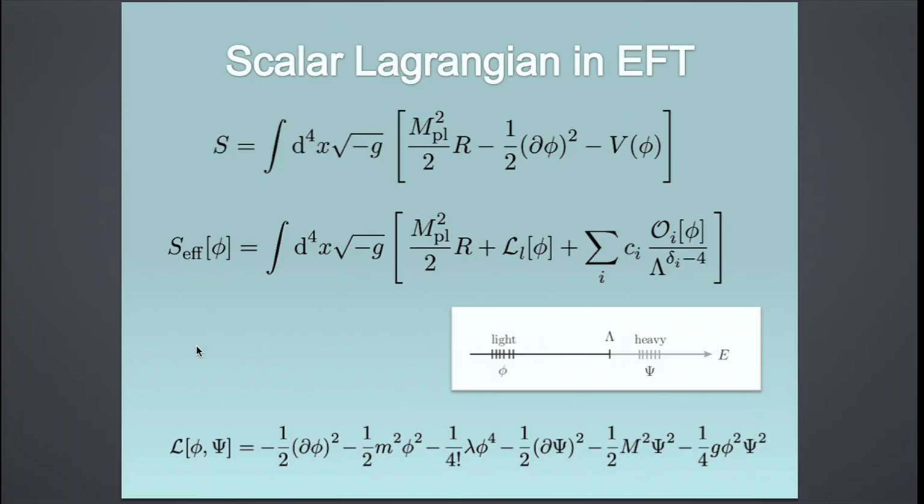You can say the UV completion enjoys an approximate shift symmetry under which the inflaton field shifts. Again, going back to this toy model, if g is equal to 0 and you set the mass and quartic coupling of phi to 0, then phi has an exact shift symmetry. And even in the absence of a mass and quartic coupling, phi goes to phi plus constant is not a symmetry in the presence of these couplings.